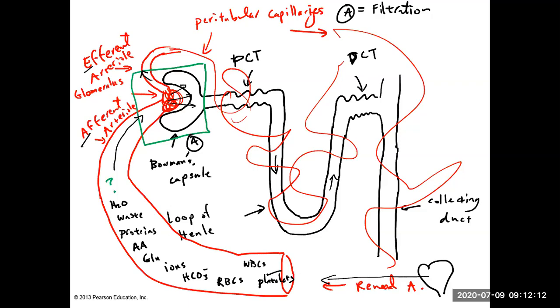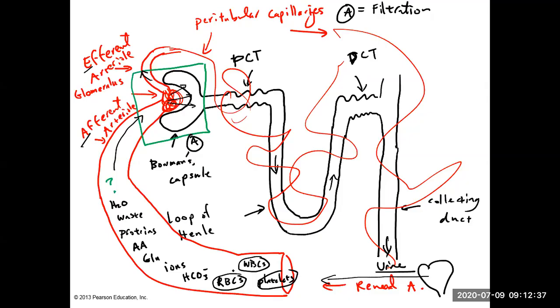Platelets don't pass. White blood cells don't pass. Red blood cells don't pass. They're already too large. I mean, you can think about the disaster if they were passing and ended up in the urine. Your urine is going to be red because you're losing red blood cells, and you know the aftermath of it. Your oxygen carrying capacity would be lower.